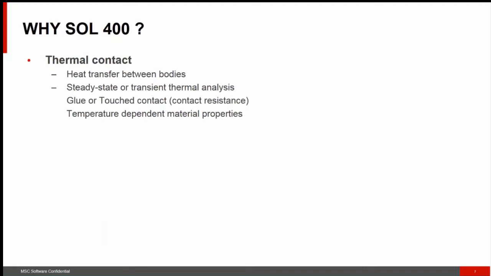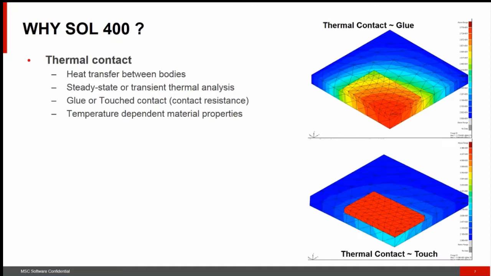So some other advantages of using solution 400 for contact analysis is the capability to use thermal contact. Thermal contact allows you to accurately capture the thermal gradient between different components. It can be glued or it can be touching. From the top model on the right-hand side, we have the glued contact, and on the lower one, we have the thermal touching one.